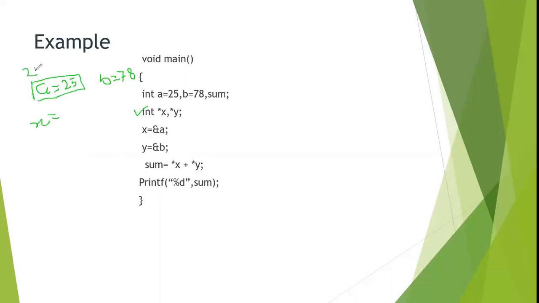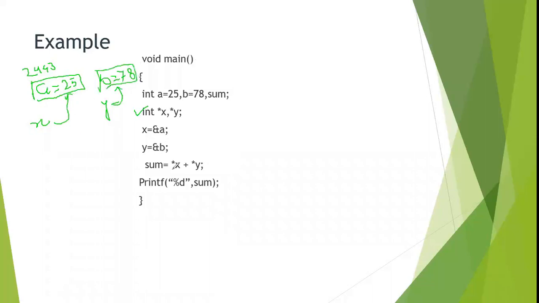Let's suppose it is 2443. So x will be 2443, right? And y is going to store the address of b. In other words, x is pointing to a and y is pointing to b, right?